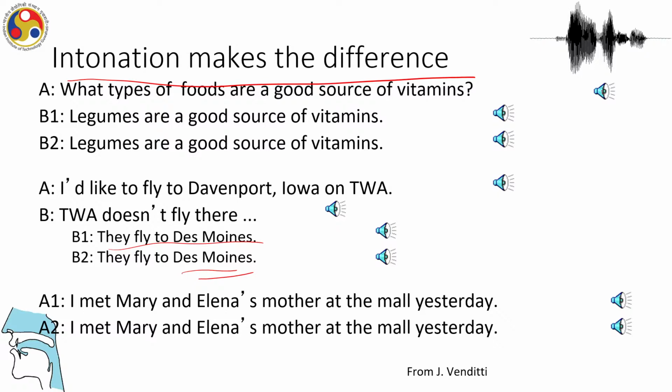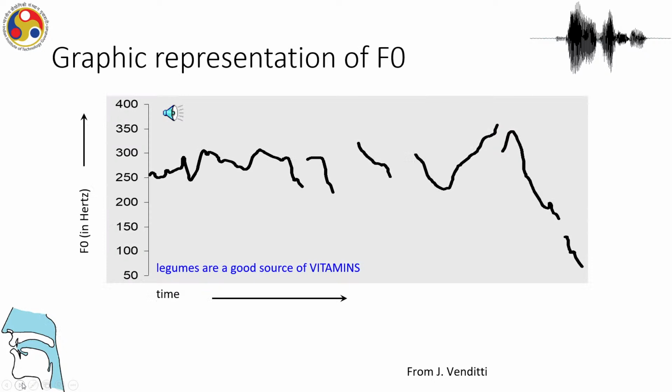And again, when there is ambiguity in a sentence, intonation can change the meaning. Here we have a sentence where vitamins is put in bold. You can see the pitch contour steadily rises towards the end. What does this rise mean?